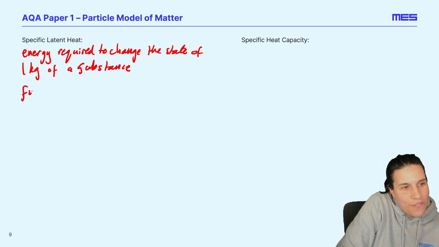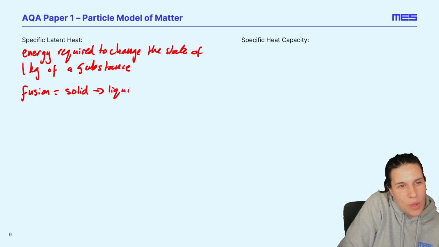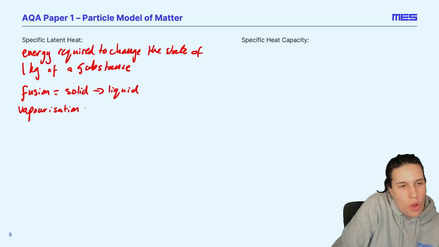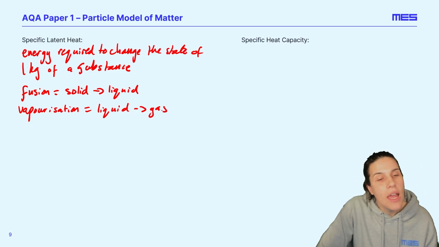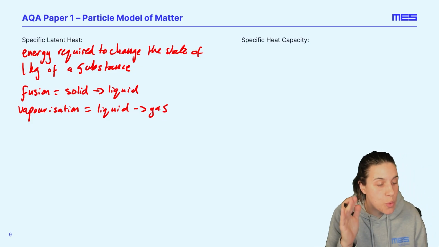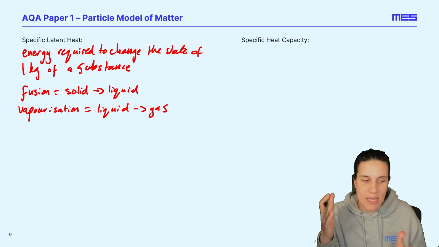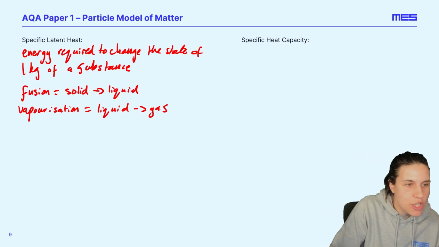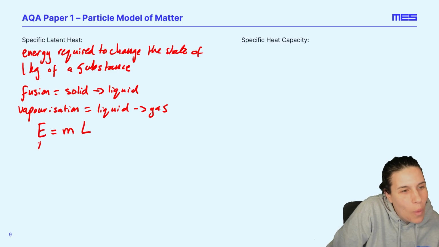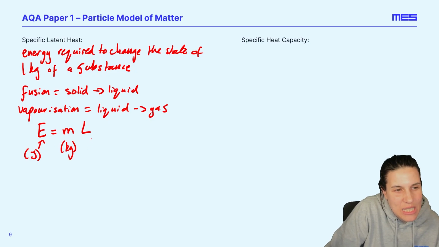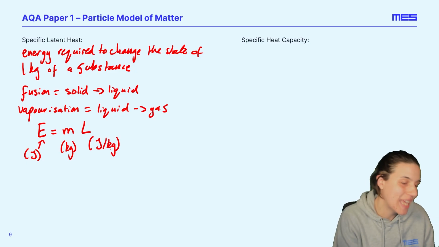There's the specific latent heat of fusion, which is going from a solid to a liquid, and there's the specific latent heat of vaporization, which would be going from a liquid to a gas.